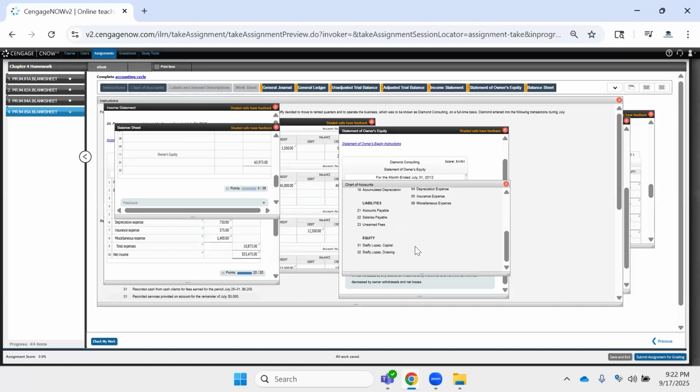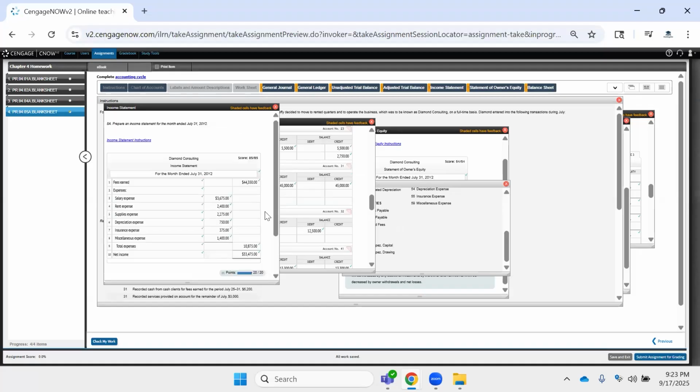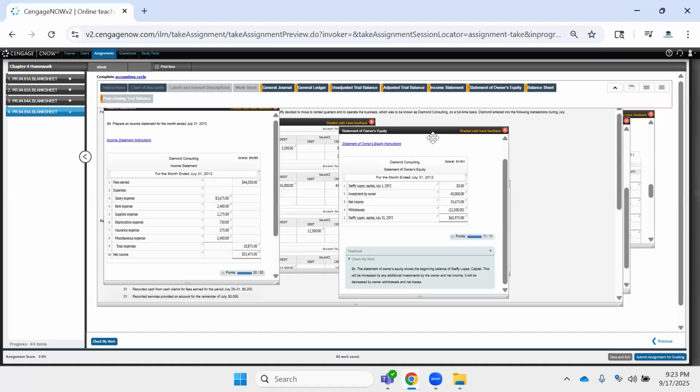And that is our Steffi Lopez capital. And we're just doing that first just because it's on the mind, right? And that's Steffi Lopez's rights to the assets of the business, right? You have your assets and then the rights to the assets on the balance sheet. The rights to the assets being your liabilities and your equity.